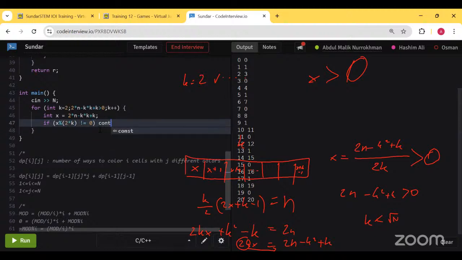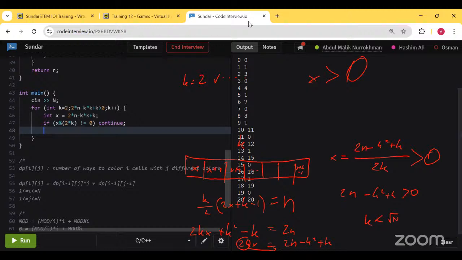If not divisible, just continue. But if it's divisible, then just divide it by 2k, and that is the value of x. So we shall use dynamic programming for this problem.